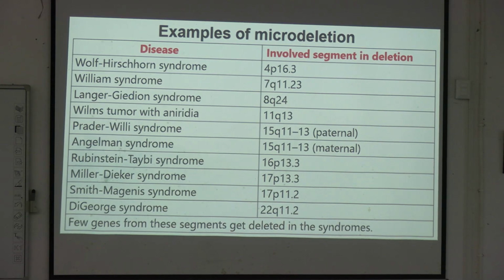Next are Rubinstein-Taybi syndrome, Miller-Dieker syndrome, Smith-Magenis syndrome and DiGeorge syndrome, where a few genes from these segments get deleted. Remember Prader-Willi syndrome, Angelman syndrome and DiGeorge syndrome. These are important syndromes, and Cri-du-chat is most important.